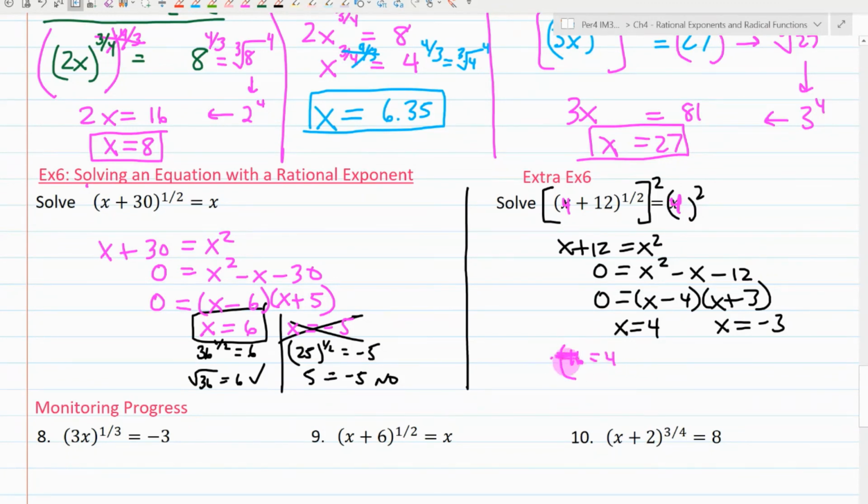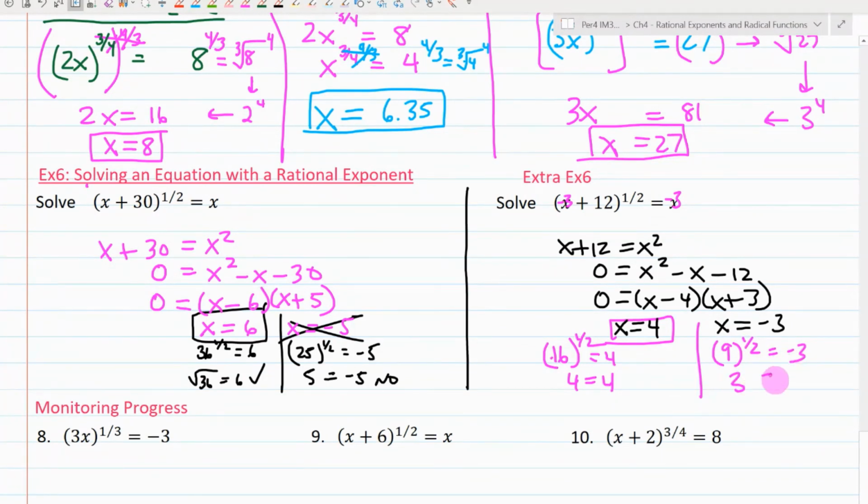That's 16 to the 1/2, I should write. Right, so if we put a 4 here and a 4 here, then the square root of 16 is 4. And then if I put a -3 here, then you would get 9 to the 1/2 equals -3. 3 equals -3. So no.